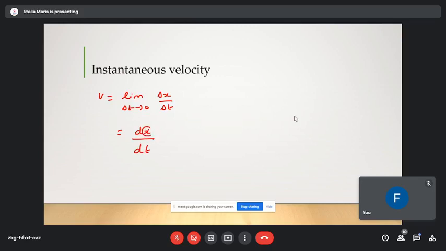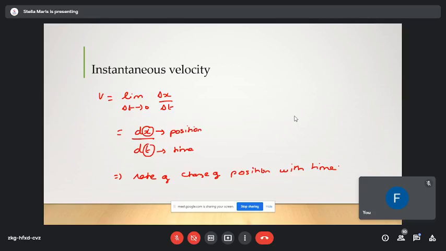Differential coefficient of position with respect to time. It is, in turn, defined as the rate of change of position with time.